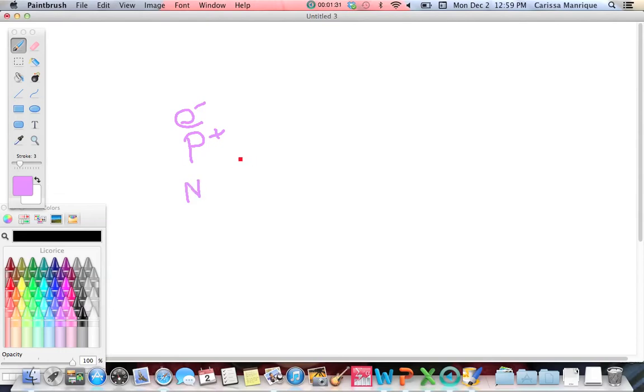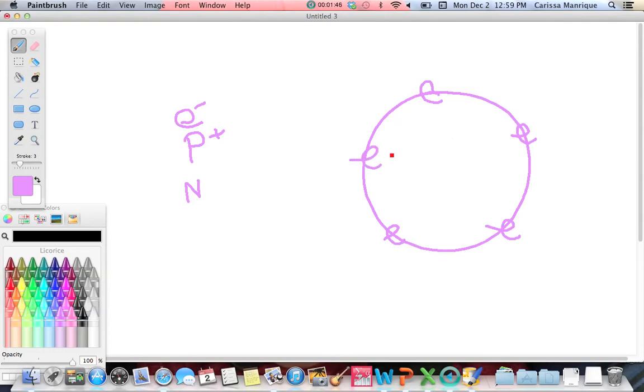If we look at the atom, if I have a circle here, the electrons are on the outer side here. Electron, electron, electron, electron. And then in the center here, this is called the nucleus.